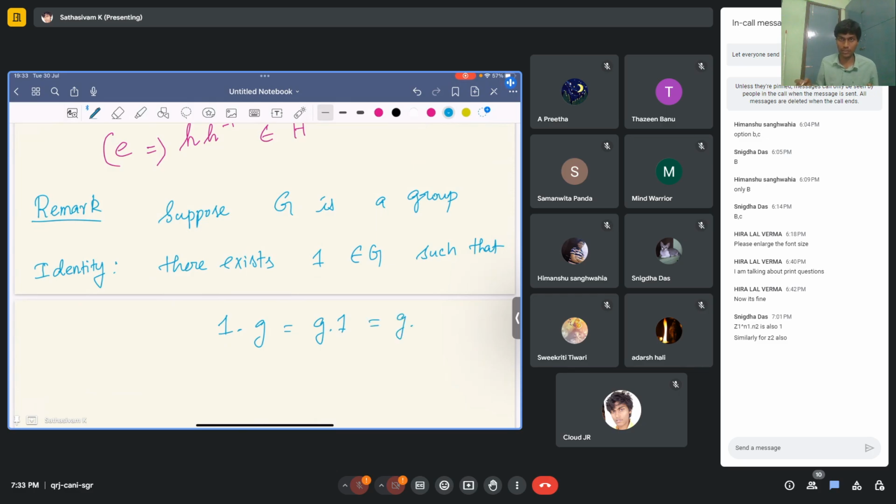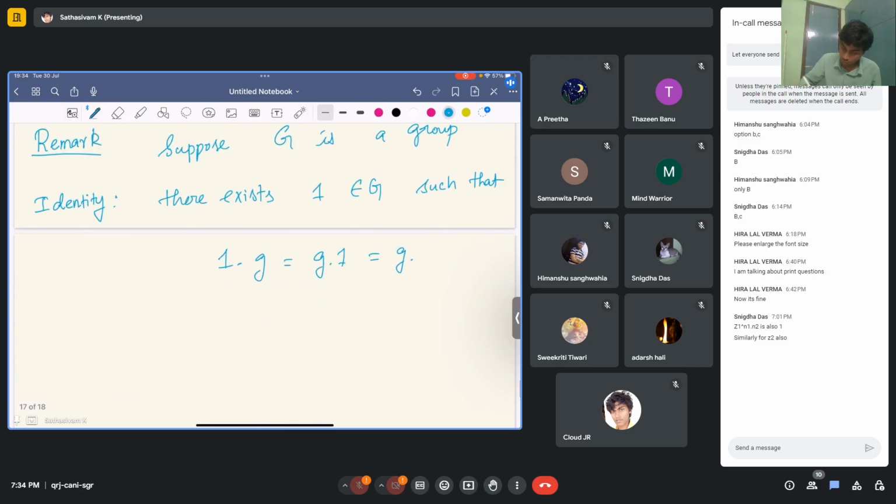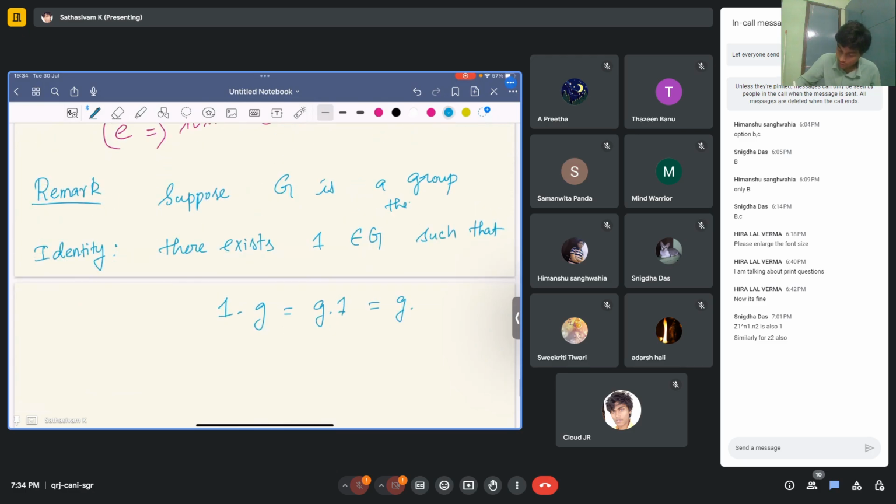So this is what the identity axiom says. What it implies is the existence of 1 belonging to G. So there is always an element 1 which belongs to G. So G cannot be empty. Okay. So suppose G is a group, then G cannot be empty.